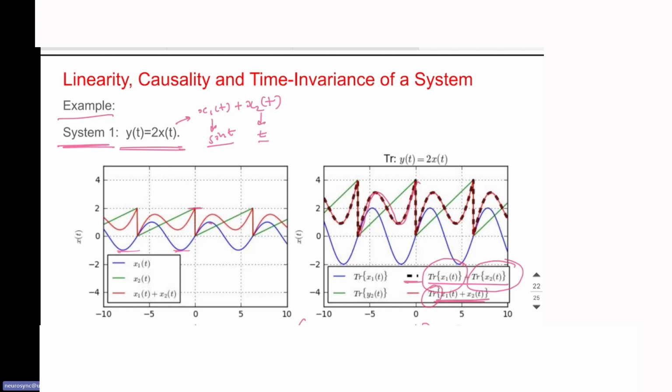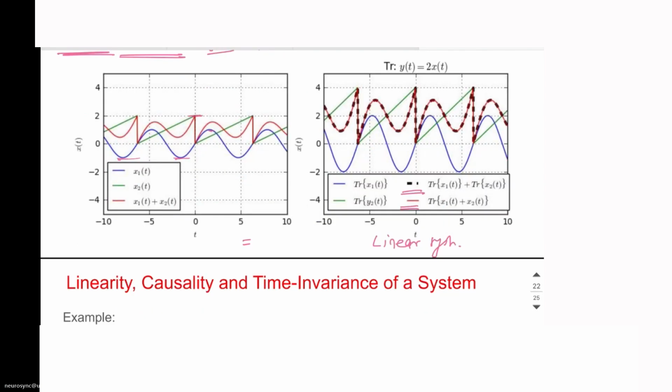Okay, now in that case if you add first and then apply the transformation, you will get the same signal like this. Okay, so we can say that this signal is linear because this and this are overlapping. Therefore, this system is a linear system.